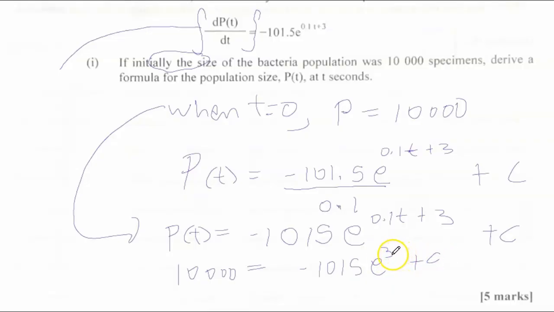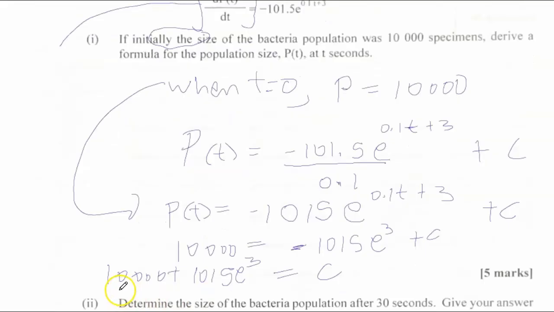So to get the constant c, we can group the terms on the left. So we have c, we have 10,000, and we group this over here, positive 1015 times e to the power of 3. And then we put this in our calculator.